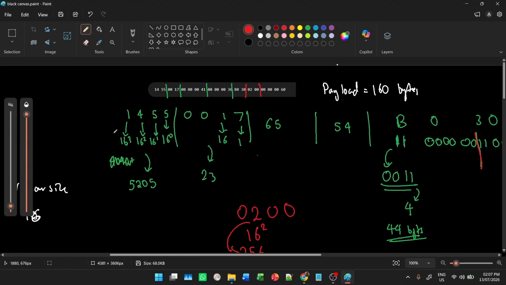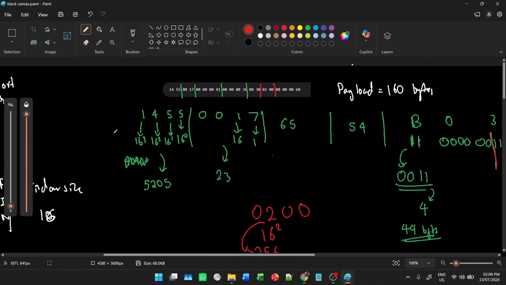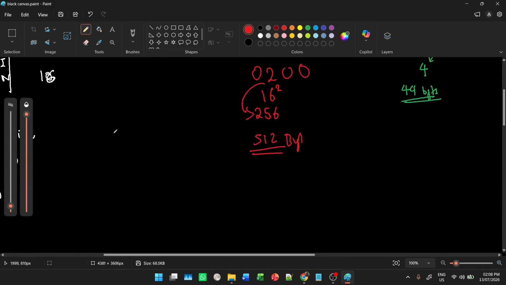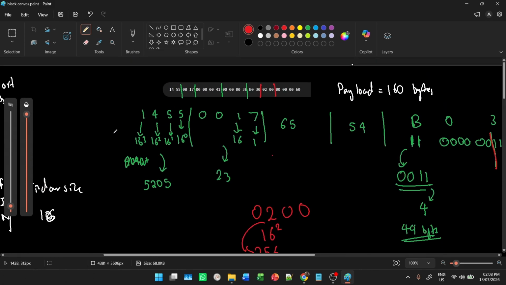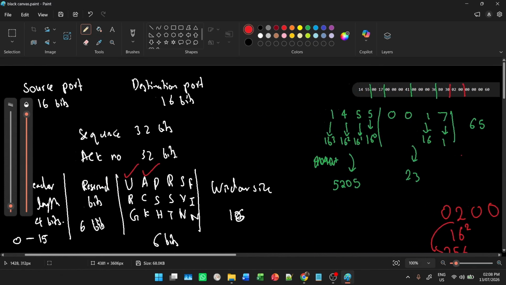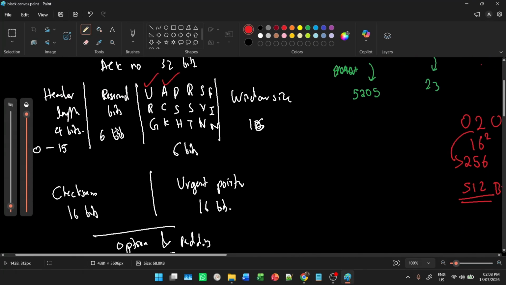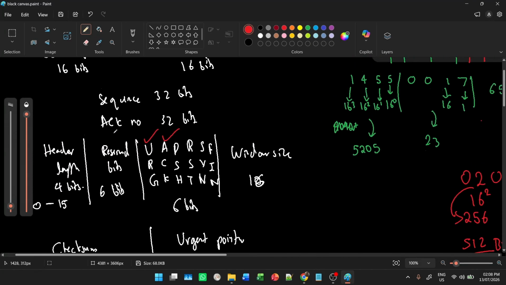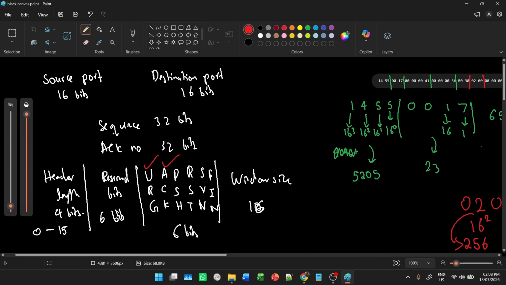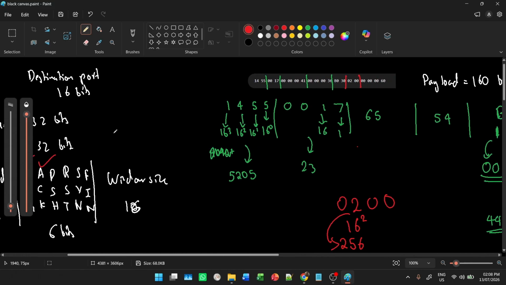So what is 512? 512 is the window size, right? So it's actually 512 bytes. That's the window size. So now we have dealt with that. Finally, we have to deal with checksum, which is 16 bits, and urgent pointer. So checksum is gonna be 0, as you can see here, and urgent pointer is 0060.